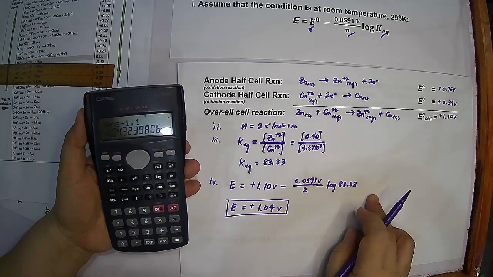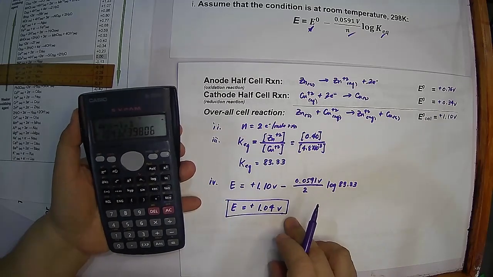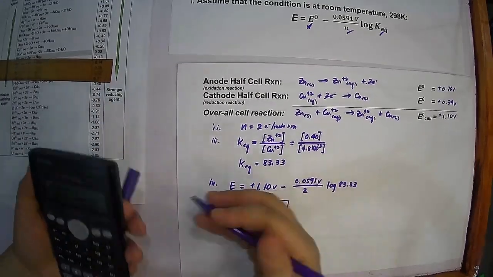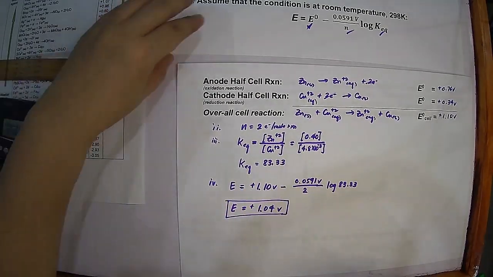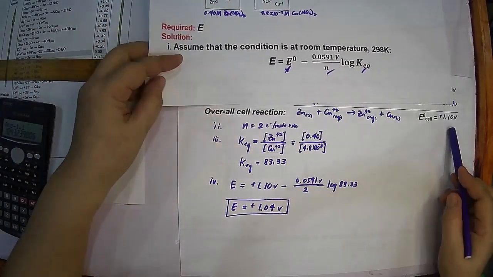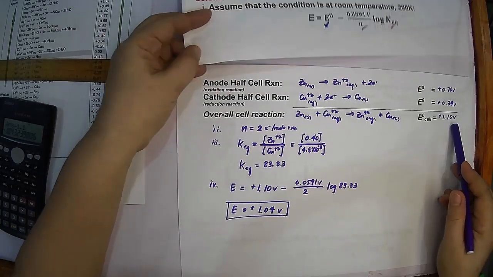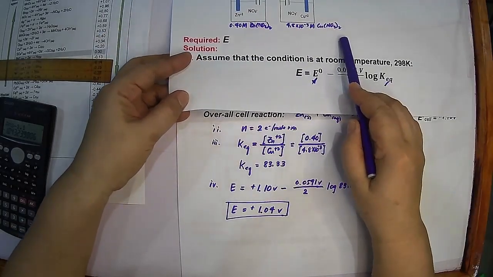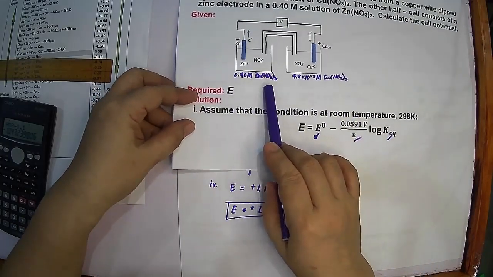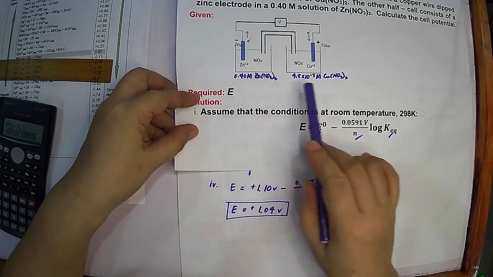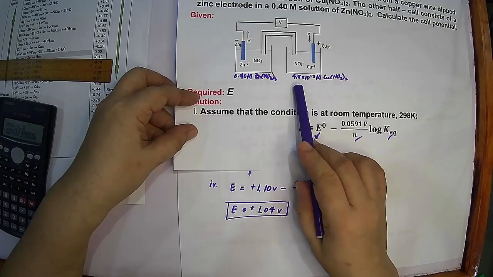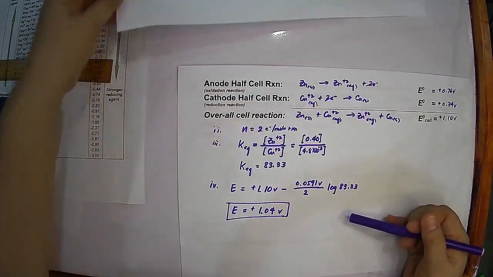Okay, there is a decrease in the potential at the non-standard condition when the concentration of the ions are not 1 molar. The 1.10 volt is when the concentration of the ions is at 1 molar at room temperature. But the concentration of the zinc nitrate is 0.4 molar, and for the copper nitrate is 4.8 times 10 to the negative 3.